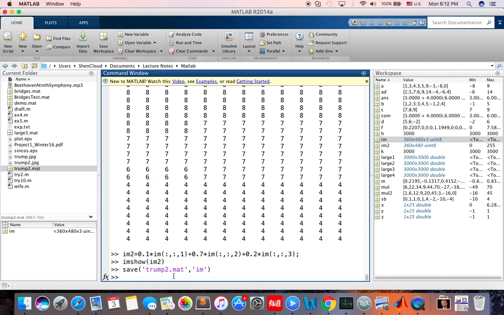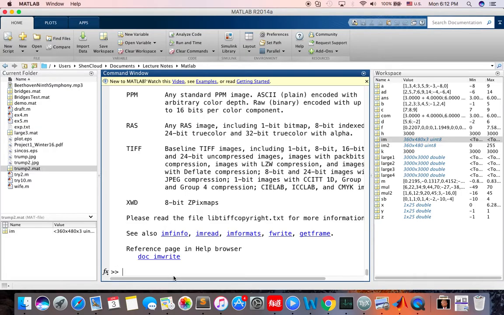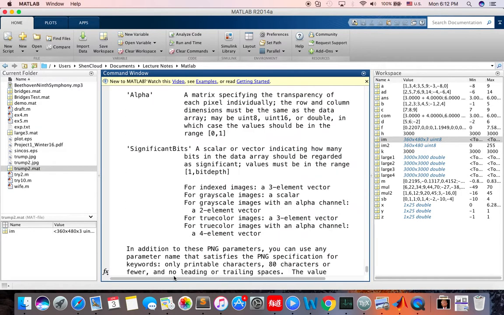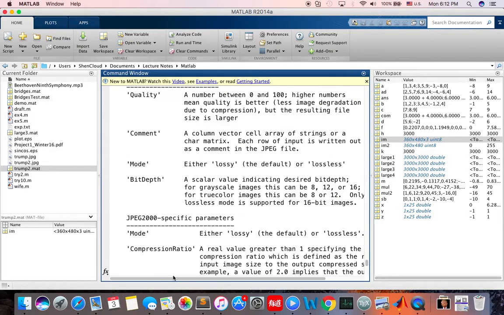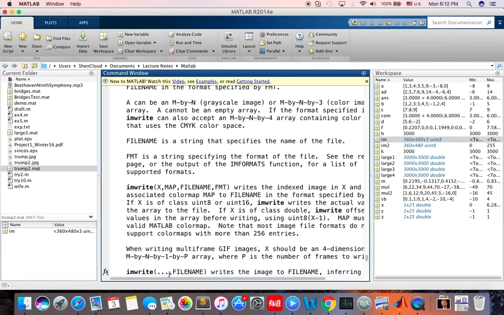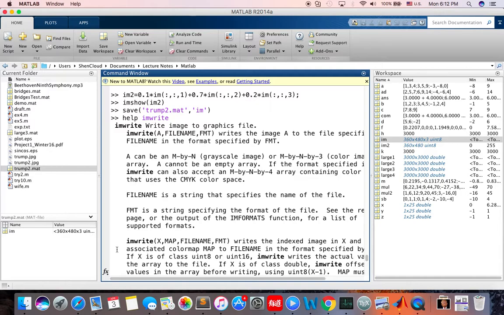You can use the operation imwrite. But now I forgot how to use the function imwrite. But don't be nervous about it. You can use help to do it. So help imwrite. It is the documentation for imwrite, and it has so many descriptions.